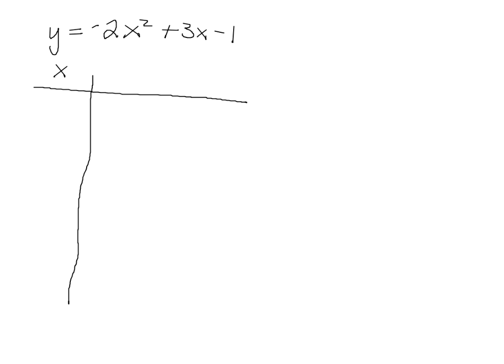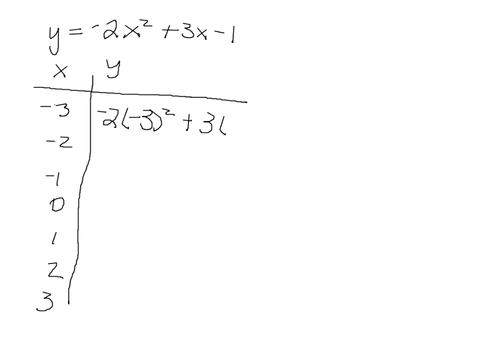Let's see. -3, -2. And so I can really pick about anything I want for the x's. There are some bad choices where you're not going to see anything interesting. They're supposed to be indicative.